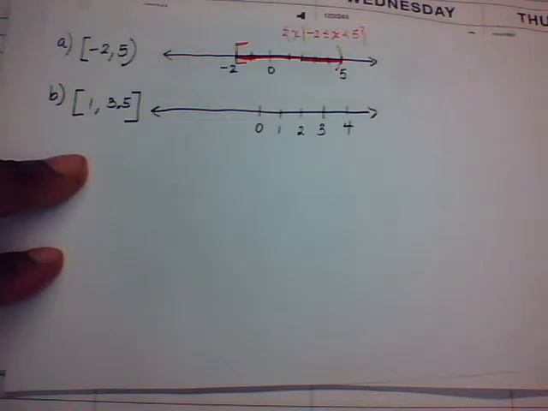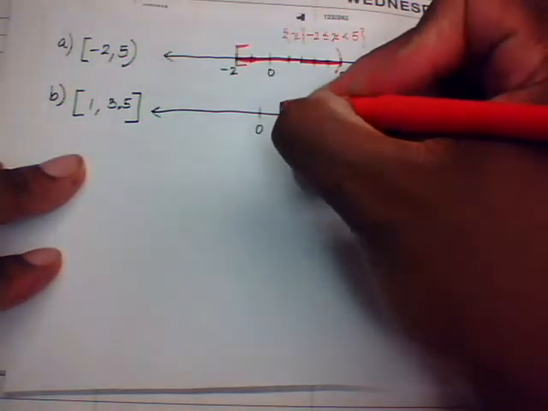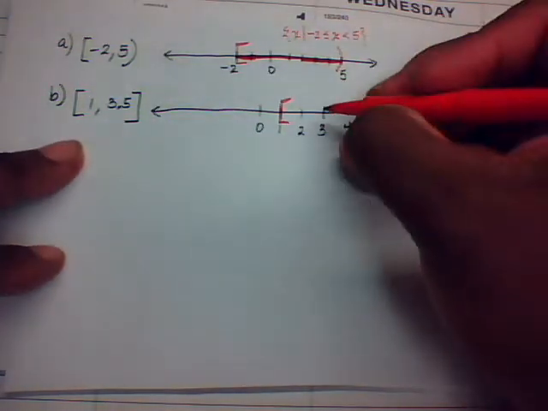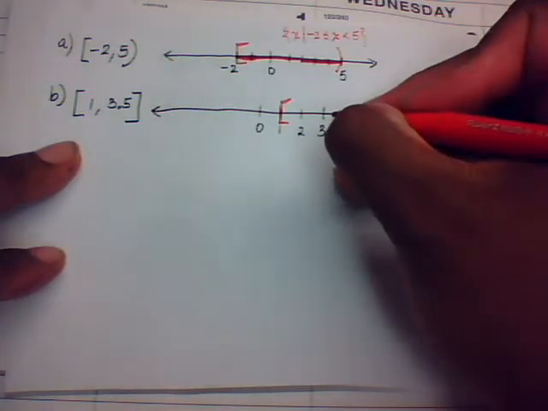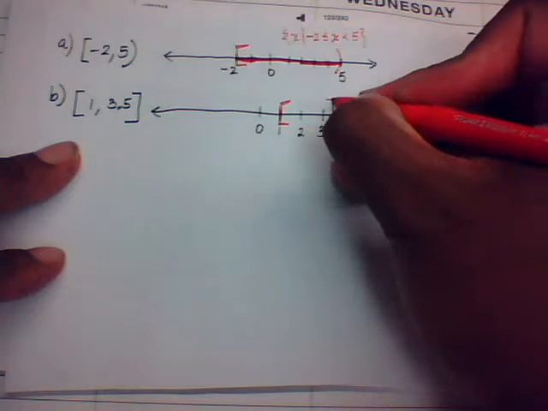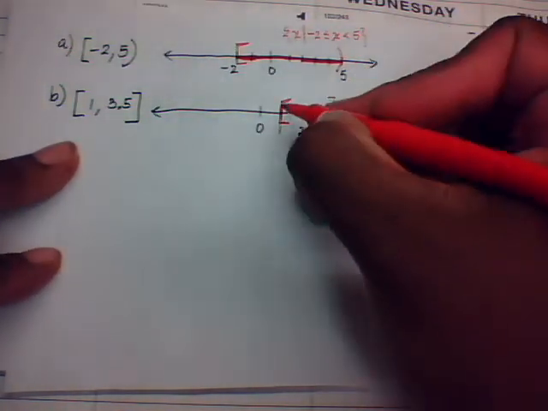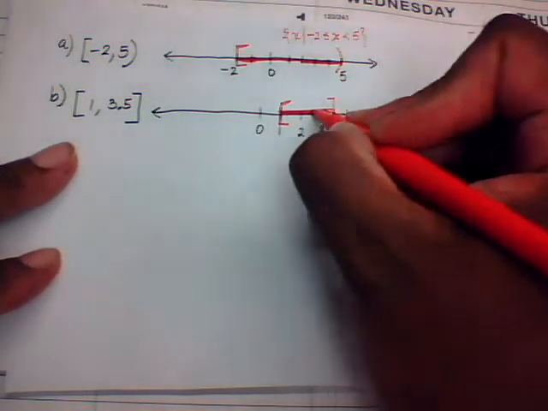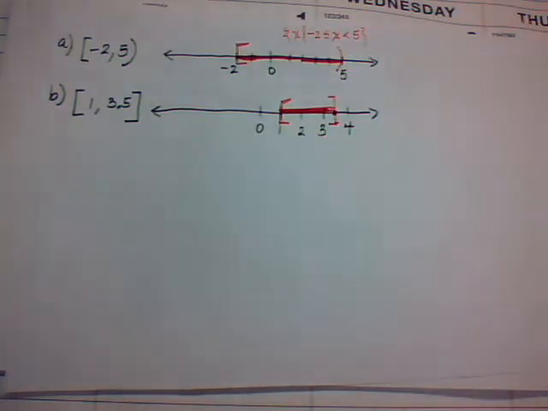At 1, we're going to have a left square bracket because 1 is included. 3.5 is included as well. Now 3.5 is halfway between 3 and 4, so here's 3.5 right here. And we're going to use a closed bracket here as well. And then we'll shade in between those two to show that all the values of x are between 1 and 3.5. And we do include 1 and 3.5 as well.